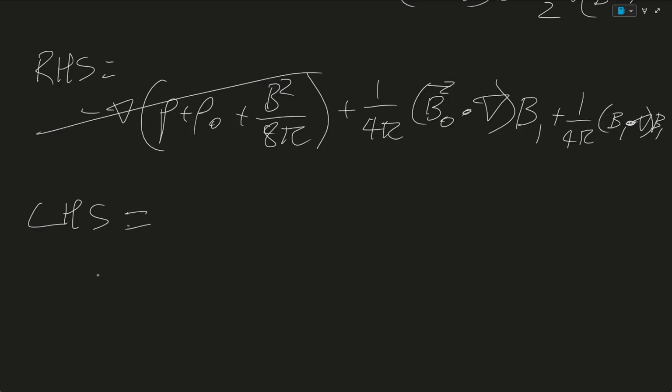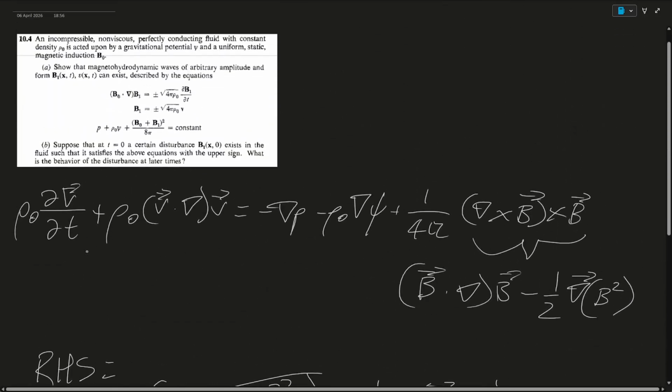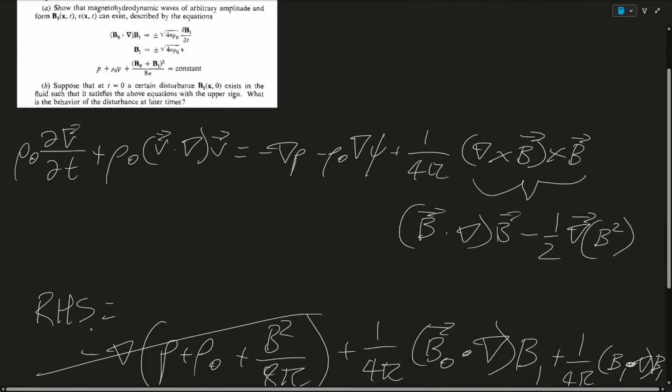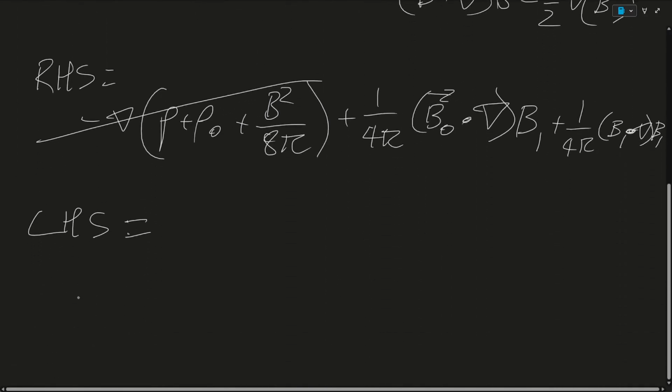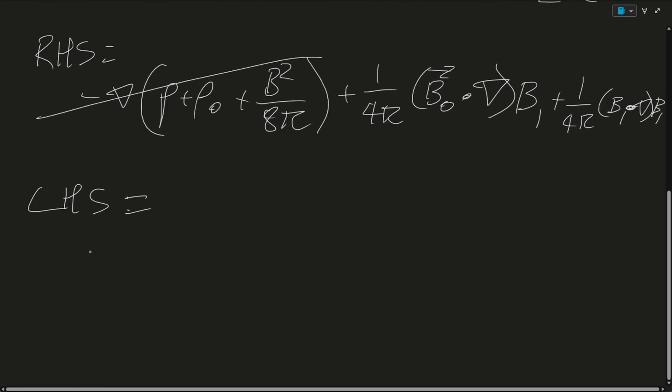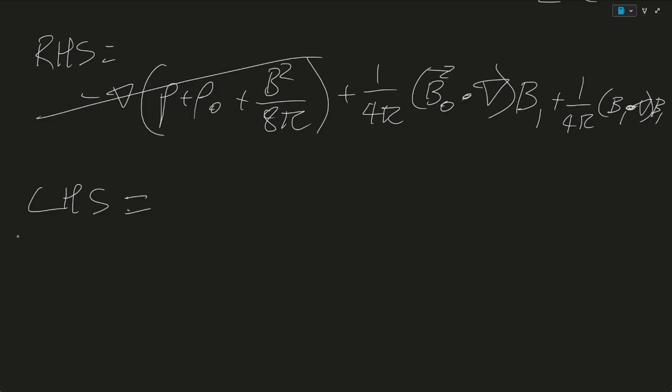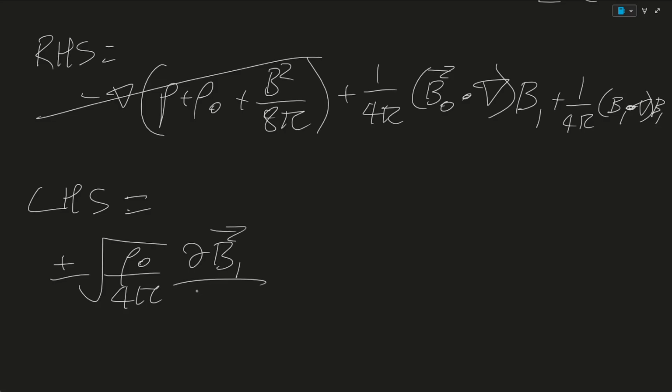So we can sub that v is plus or minus B1 over root 4 pi ρ0, and we can sub that in. I think we can get away with that here. So it should be plus or minus square root of ρ0 over 4 pi dB1/dt plus 1 over 4 pi B1 dot del B1.